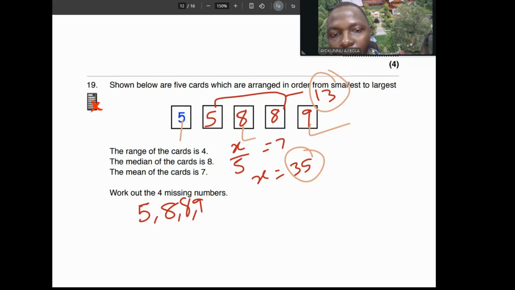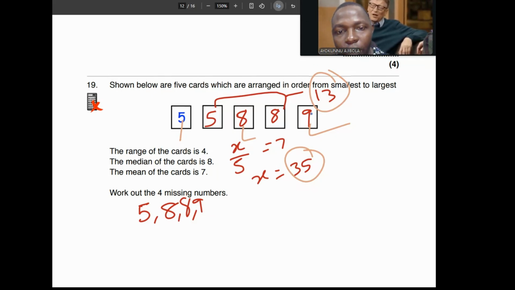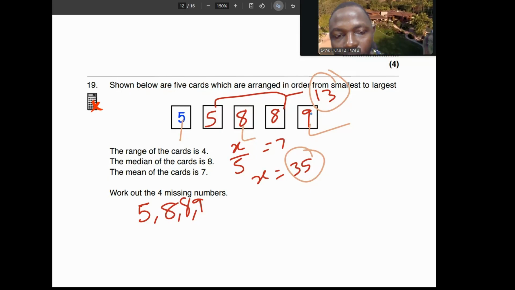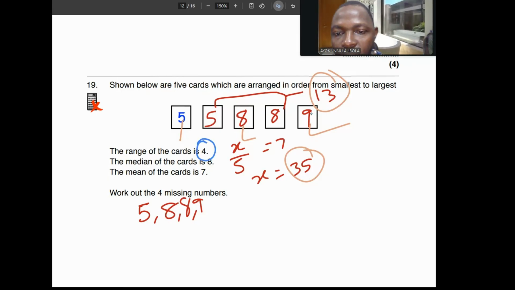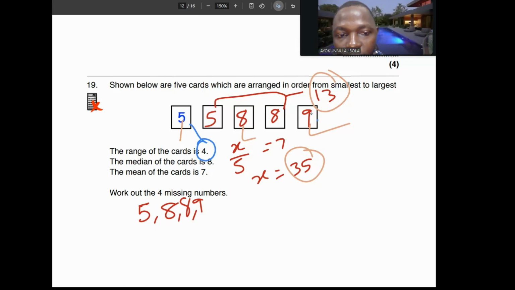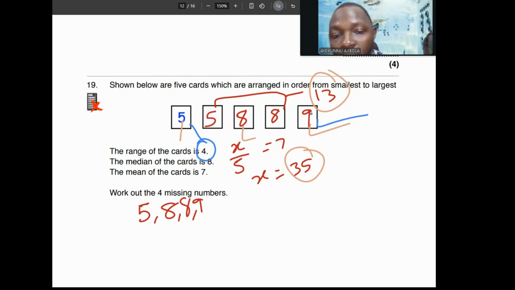So how did you actually get the 5, 8, 8, 9? We knew the range was going to be 4, so I added 4 to 5 to get the 9. Then they told me 8 should be at the middle, so I put 8 at the middle.